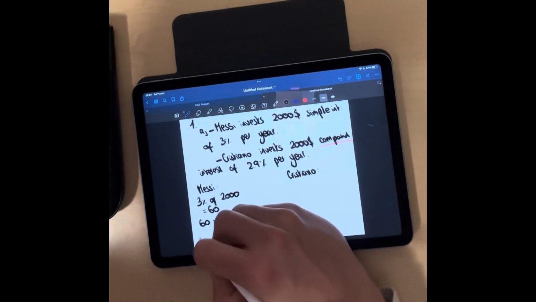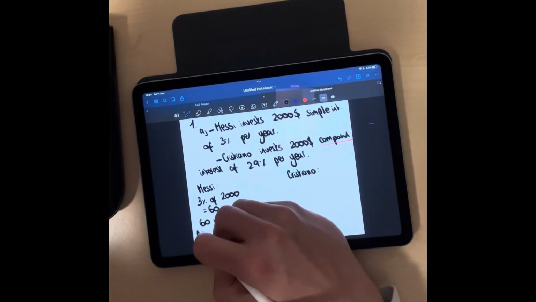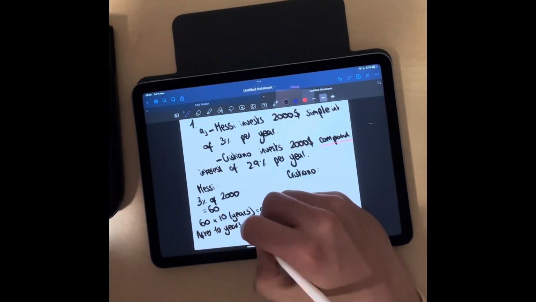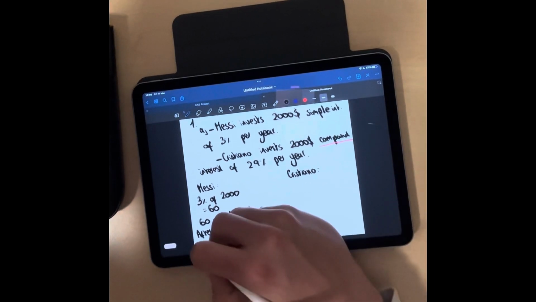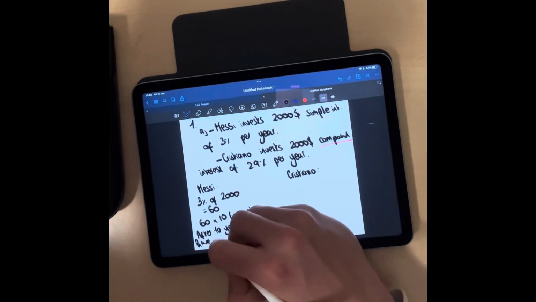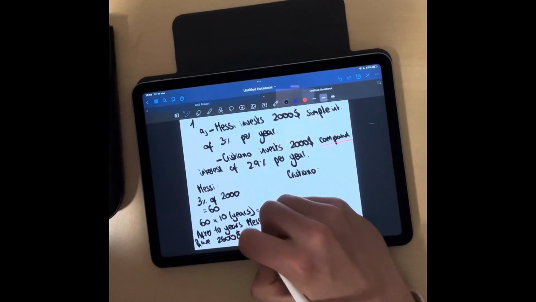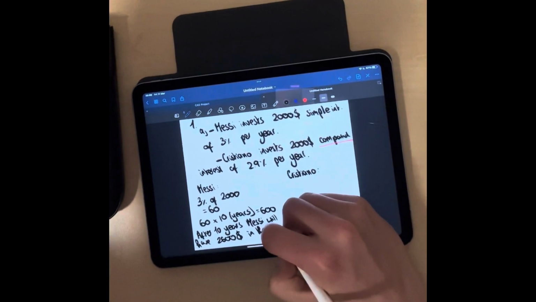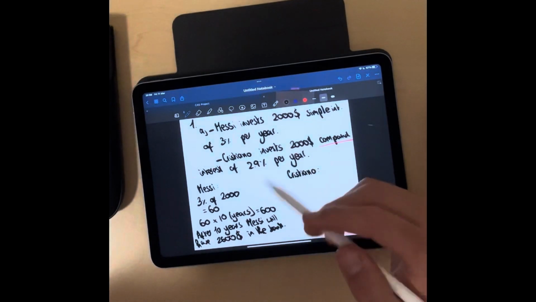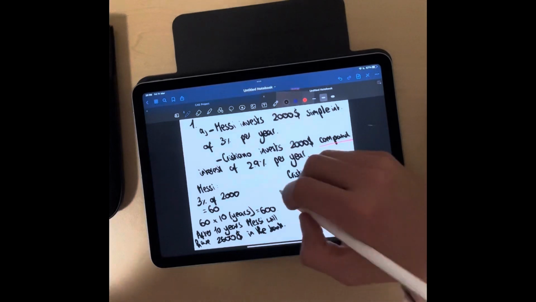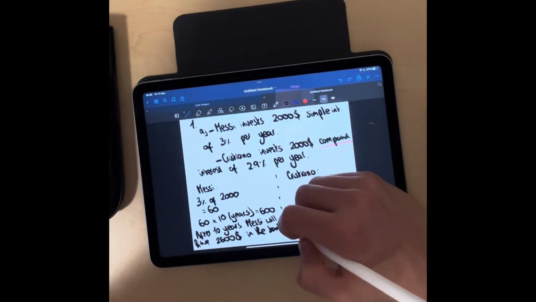So after 10 years, interpret: 10 years, Messi will have $2,600 in the bank, right? So at the simple interest of 3%, his money has grown by 600 in 10 years, right?